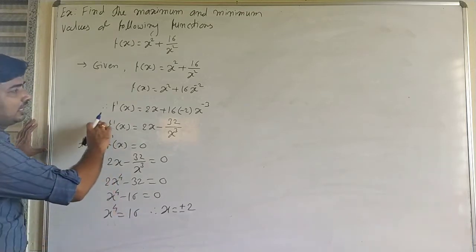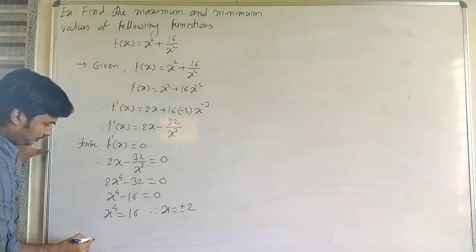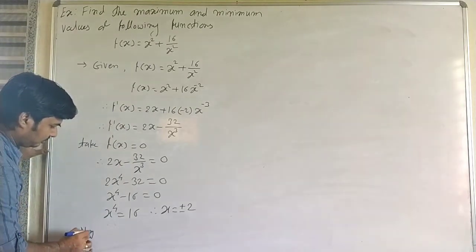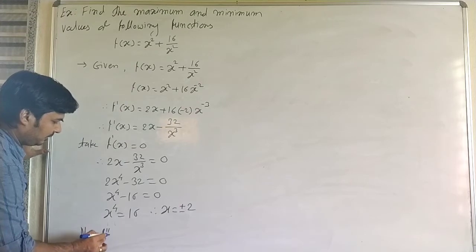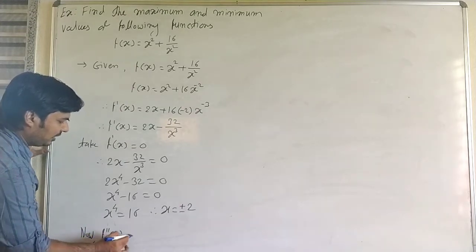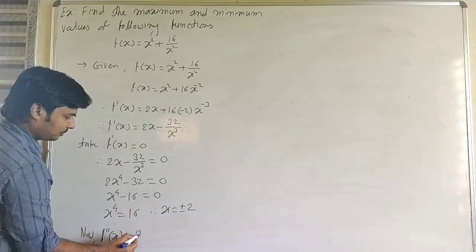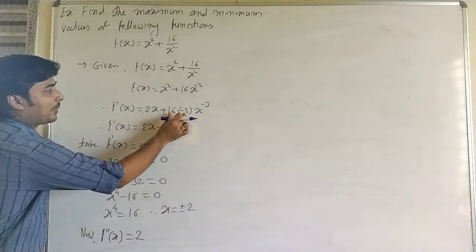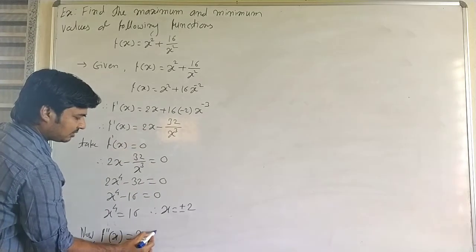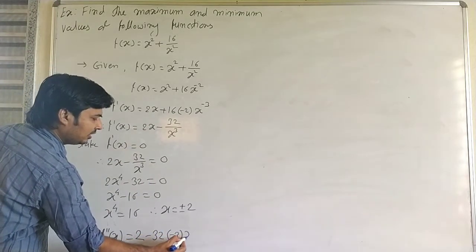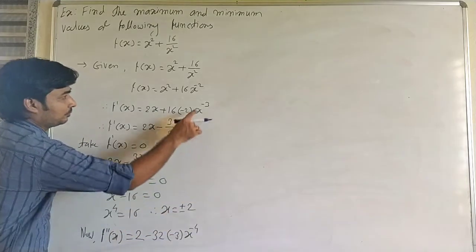Now, we find the double derivative. f double dash of x is equal to, now f double dash, it is f dash 2x, it is 2. It is minus 32 into minus 3 into x to the power minus 4.